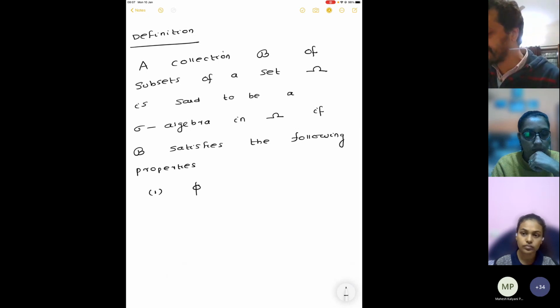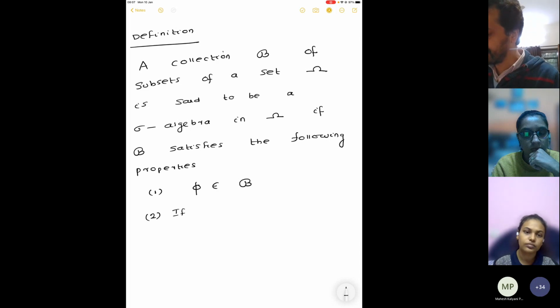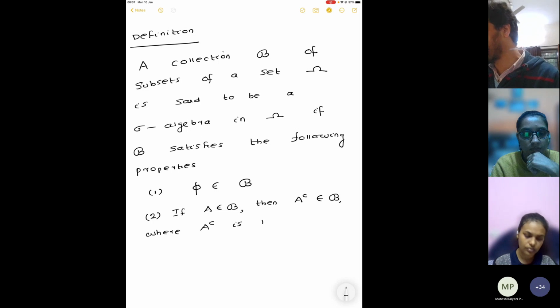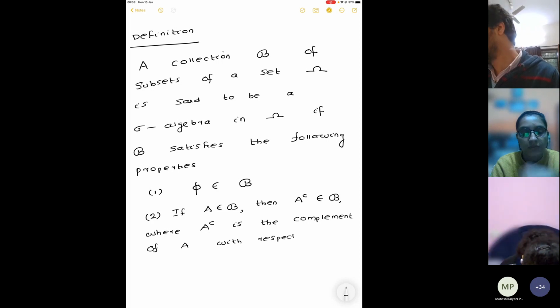One is that the null set is necessarily an element in that collection. Second, if A is in that collection, then you should necessarily include its complement. A complement is in B, where A superscript C is the complement of A with respect to omega.